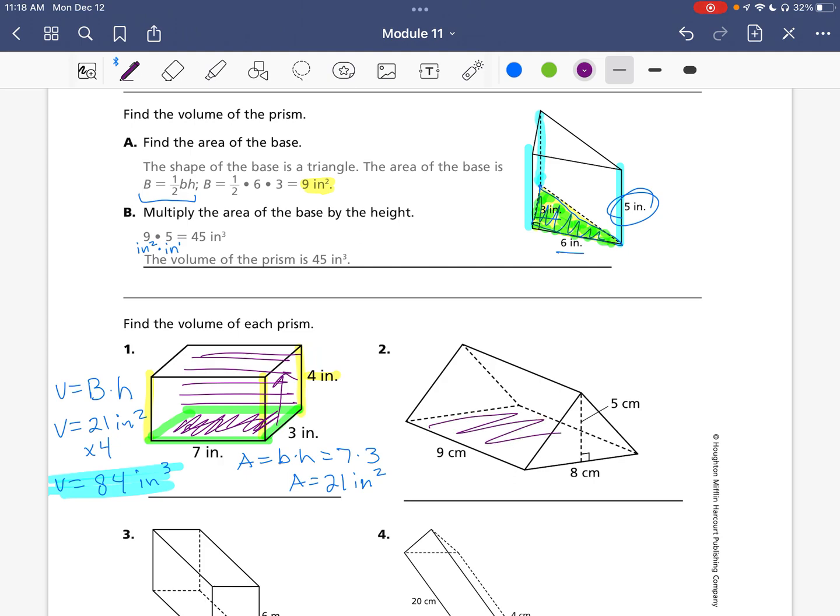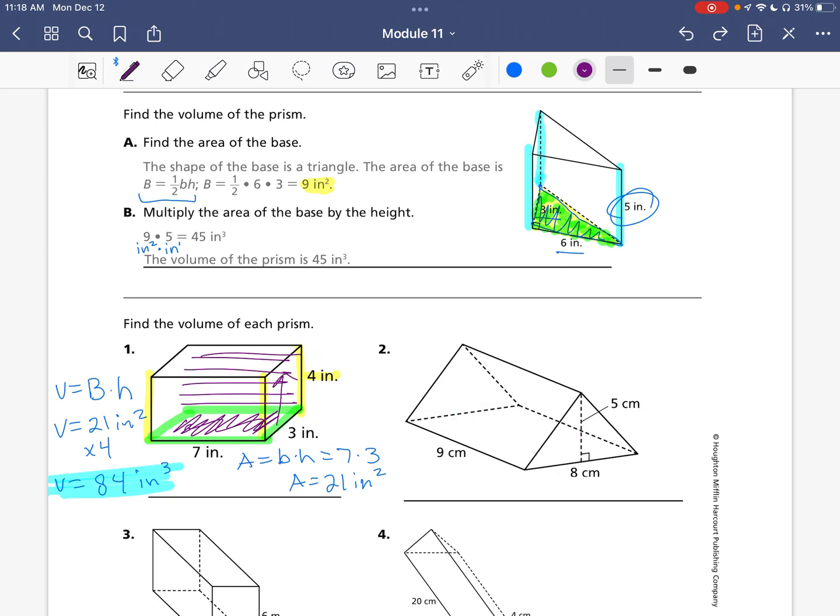If we use this as our base here, our bottom rectangle, that shape is not the same as you would do layers. It would get tiny and tiny and tinier. So we have to figure out what our base is. It's going to look a little different.